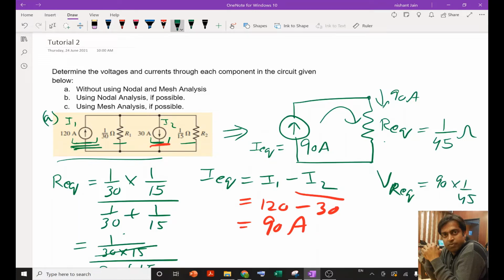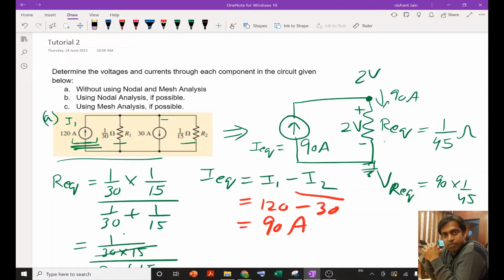It means the potential at this node will be 2 volt if this is considered as the reference node. The potential drop across R equivalent is 2 volt.